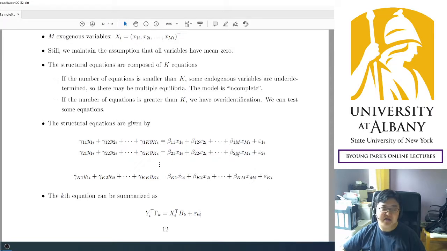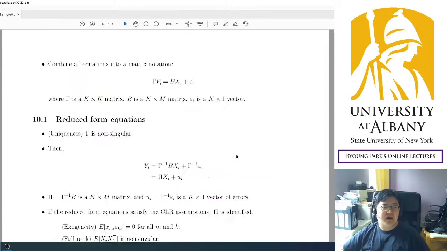This is the kth equation, and then combining all of them, you may write it this way. So this is the most general form of the simultaneous equations.